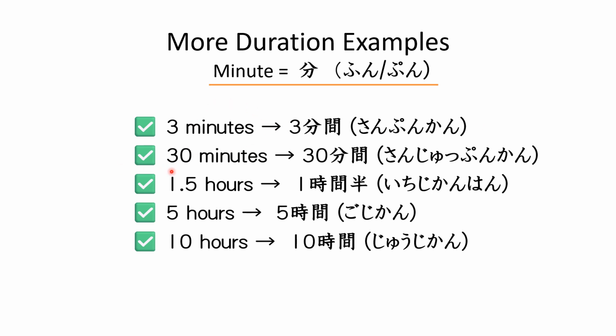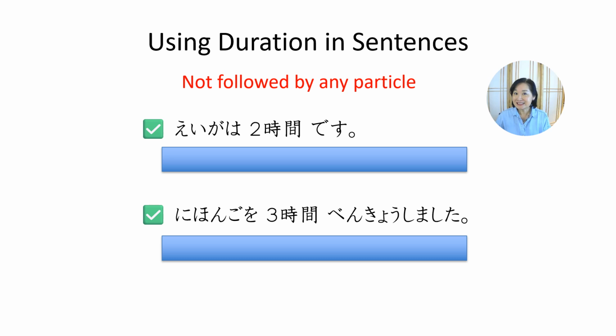You can replace the number to indicate different durations. 30分間 for 30 minutes. How about 1.5 hours? That would be 1時間半, 1 hour and a half. 半, 1時間半. Let's look at some sentences.